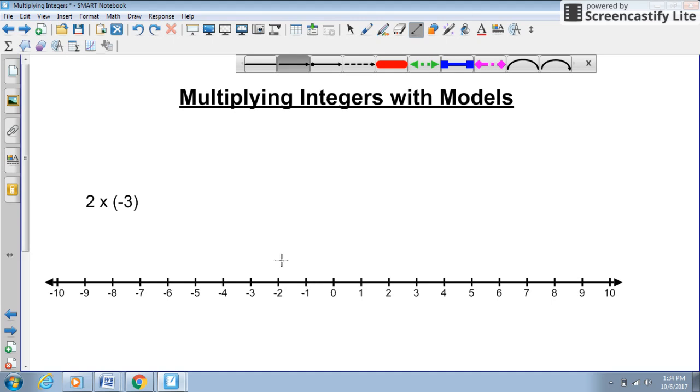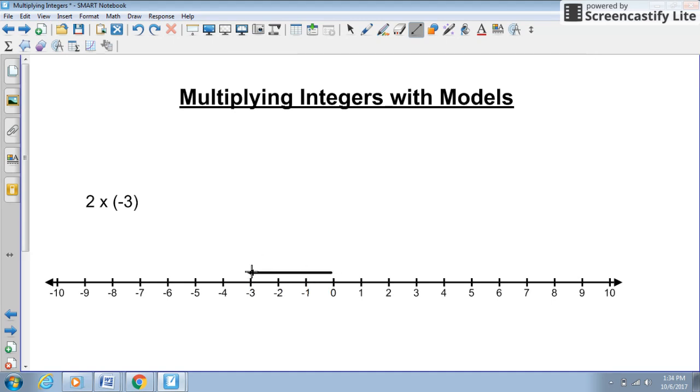So, 1, 2, 3. I'm going to stop at -3. That's my first group. Now I have to do a second one. 1, 2, 3. I'm going to stop at -6. So now what I have is a model that says 2 times -3 is -6, because I have 2 groups of the -3, and we stop at -6.